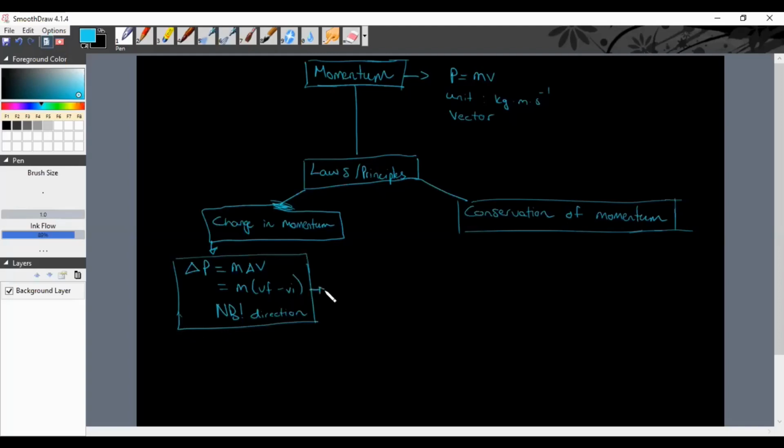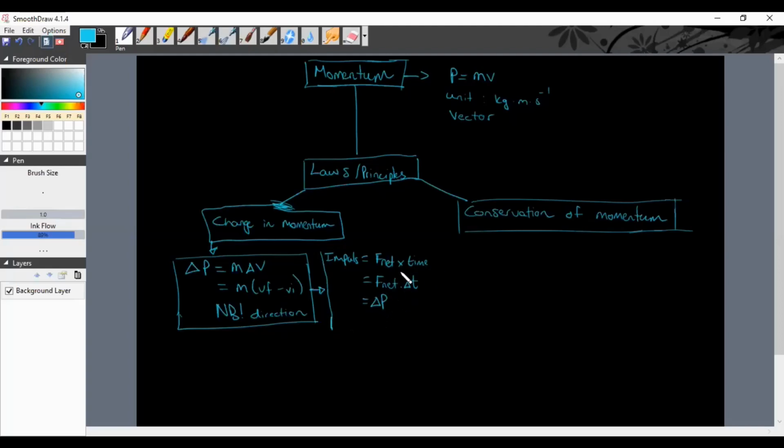This gives notion to another part, which is known as impulse, which we know is the net force multiplied by time, or otherwise known as F net times delta t. That is also equal to the change in momentum.